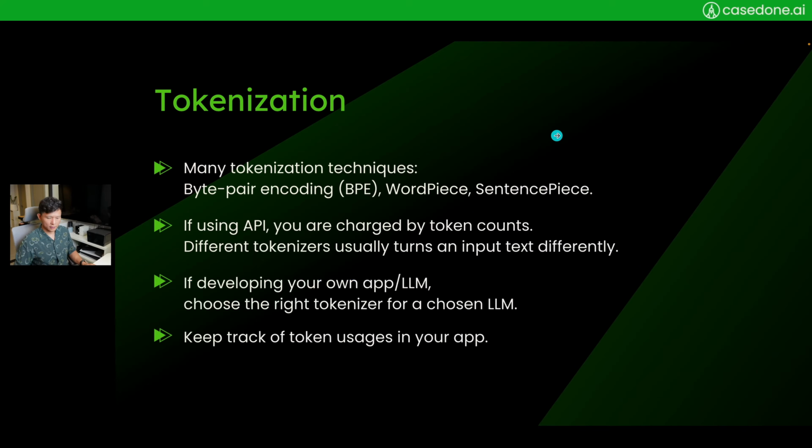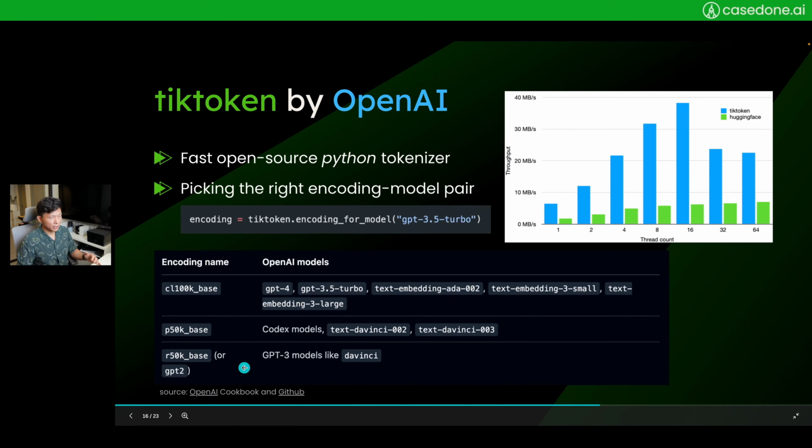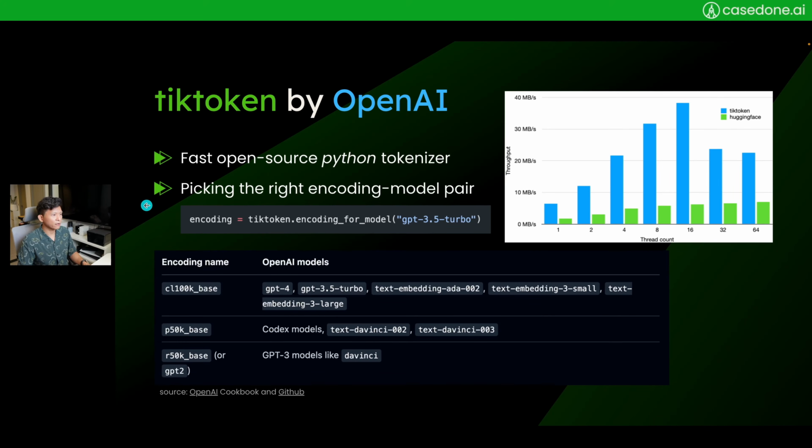Now, I want to show you the tiktoken library by OpenAI. Tiktoken is a fast open source Python tokenizer. It works in Python, but if you want to use it in other languages like C++ or Java, I think there are libraries provided by OpenAI as well. You can Google it and look into the OpenAI cookbook about tiktoken, and you will find more information.